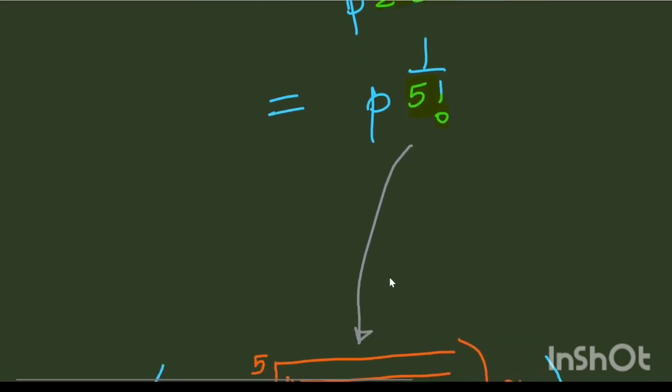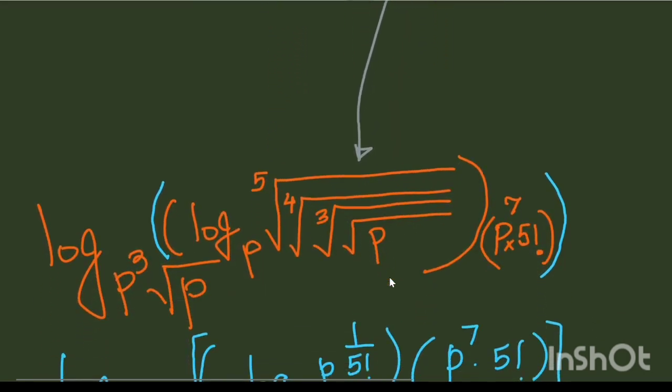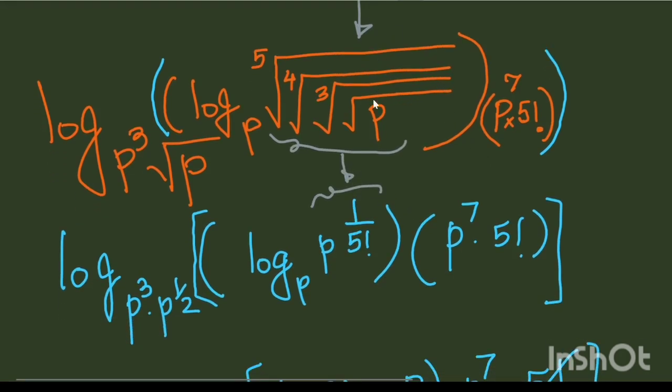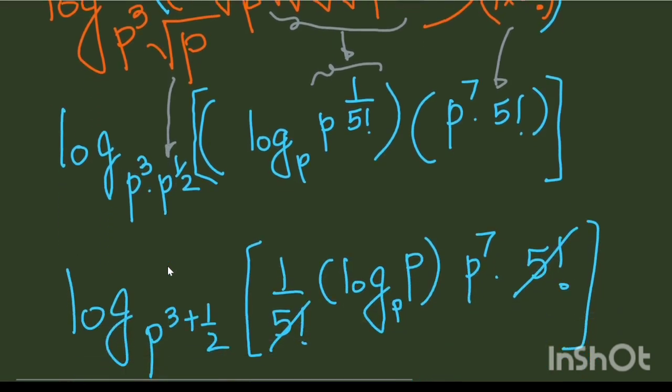So in the question, we will replace this particular term with p to the power 1 by 5 factorial, other things as they are, and root of p, I have written as p to the power 1 by 2.